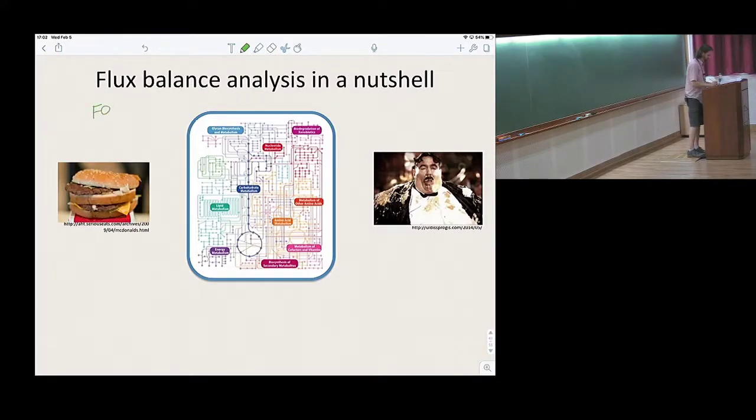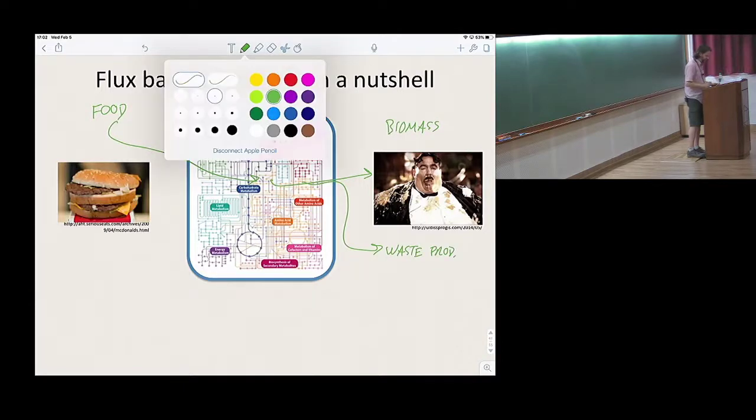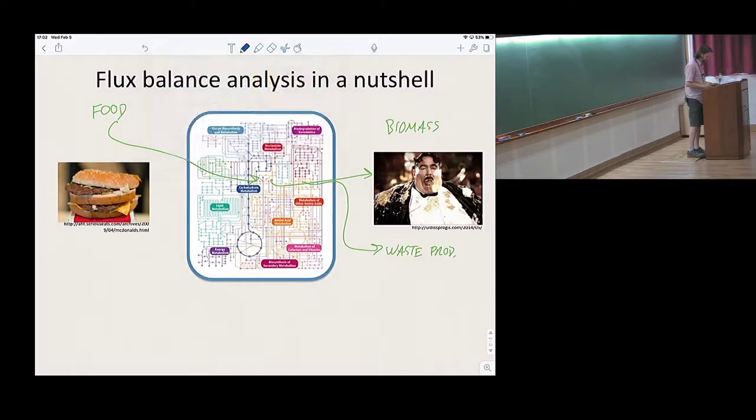You have food. You have biomass. Food goes into metabolism and then goes into biomass or into waste products. And there are 3 steps to what goes on. First, there are constraints upon use. I'm very glad that our cafeteria food has not looked like this picture here.